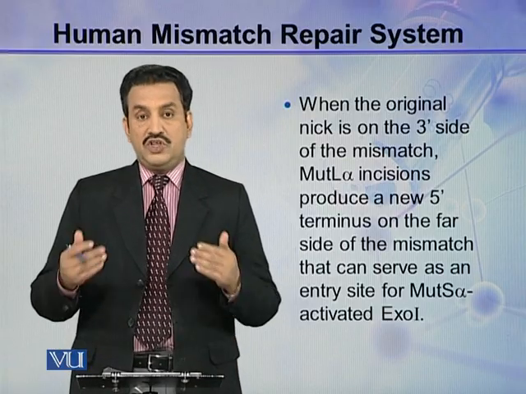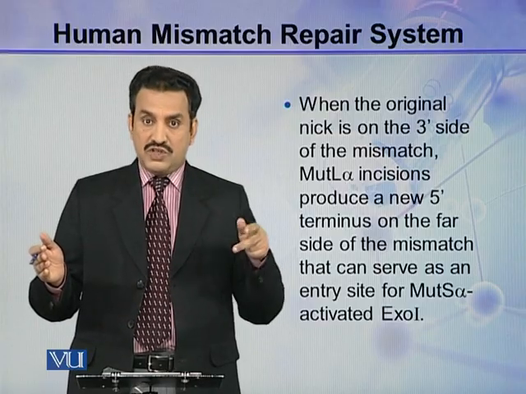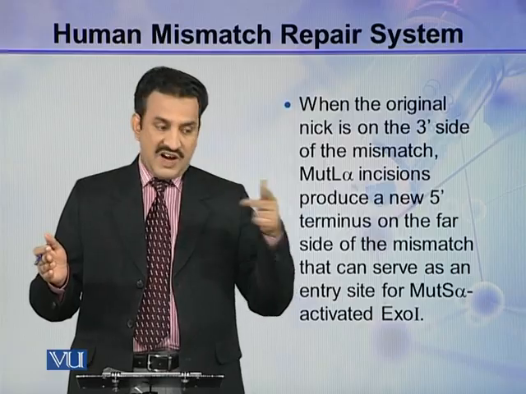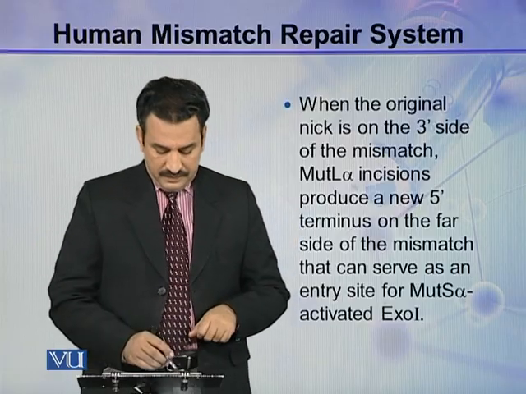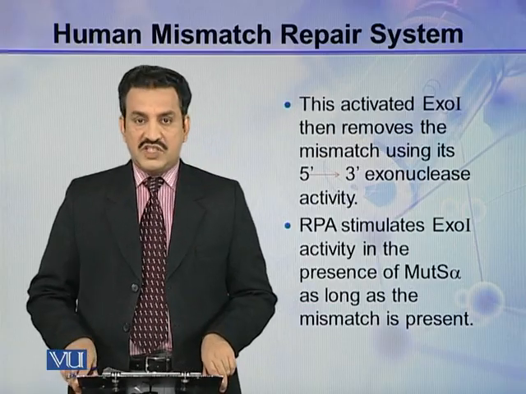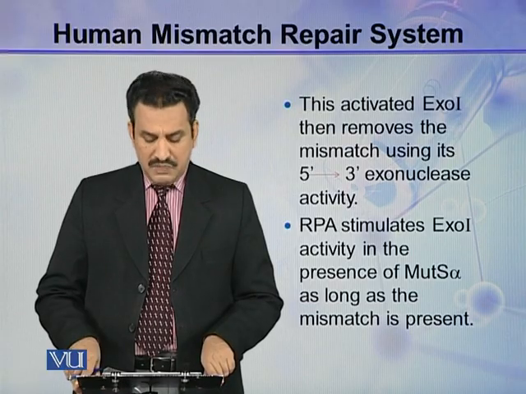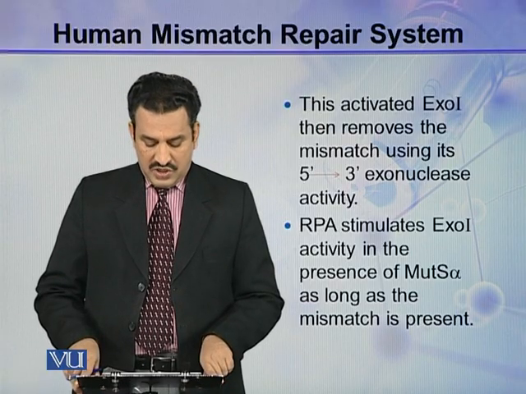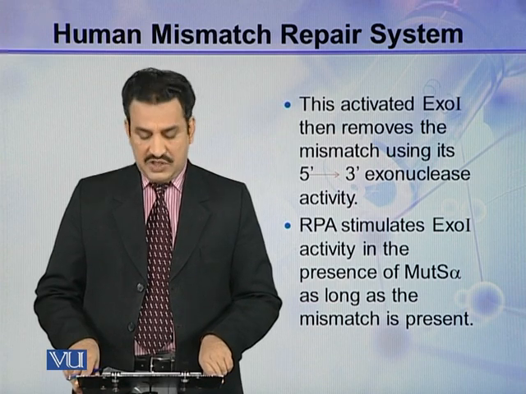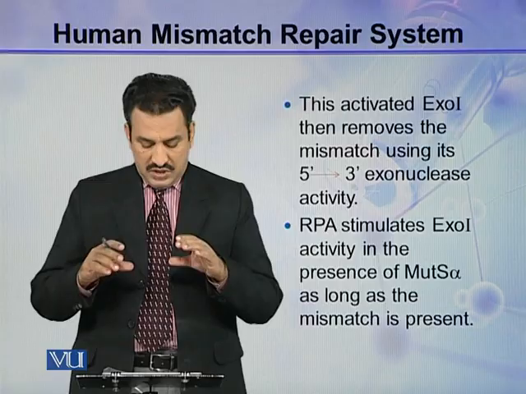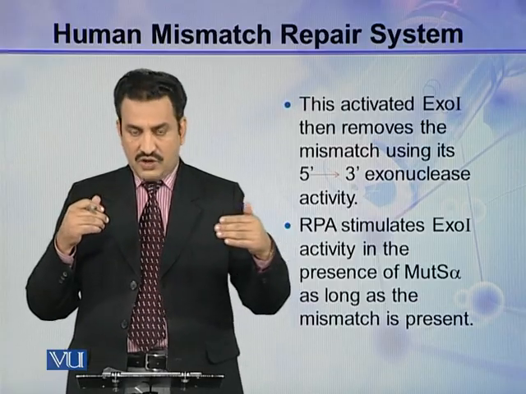So if the initial nick is on the 3' side, a new nick is introduced on the far side of the strand, that is on the 5' side. This activated Exo1 then removes the mismatch using its 5' to 3' exonuclease activity. So this mismatch is then removed by hydrolyzing the discontinuous strand.